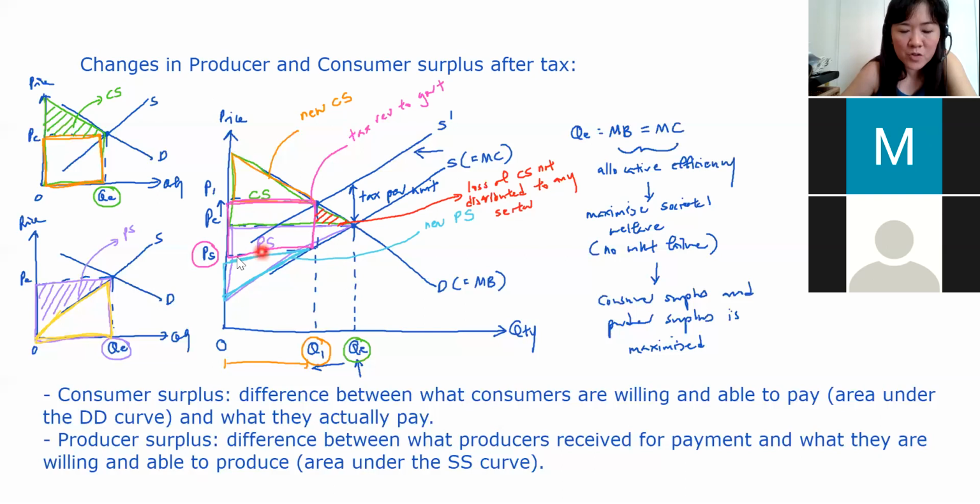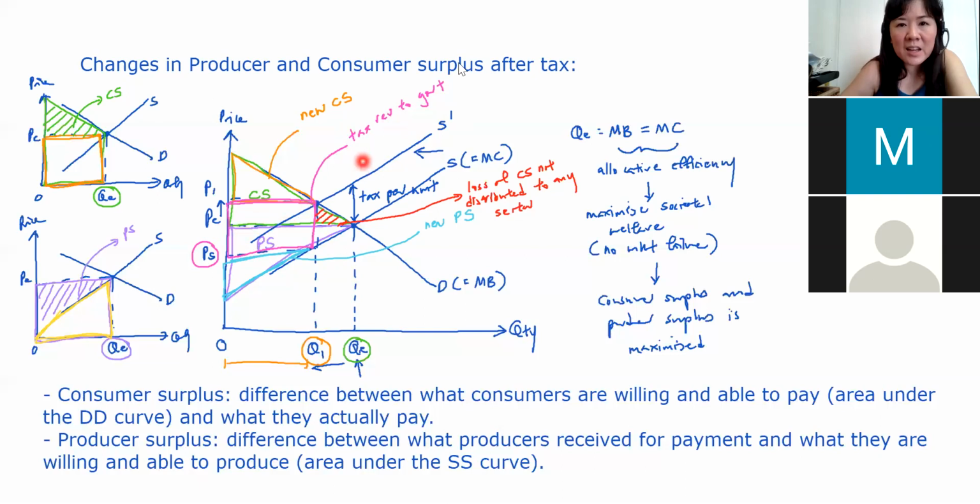Now, we also know that out of this that is lost, not entirely is lost, because out of this trapezium, this rectangle here forms part of the government's tax revenue.